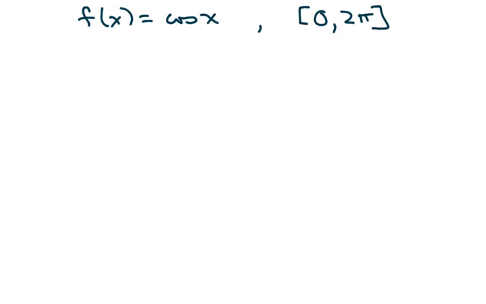And for cosine, we have f of x equals cosine of x. We're looking on the closed interval 0, 2 pi. And I'm going to evaluate 0 and 2 pi. And actually, these are the same coterminal points. That equals 1.